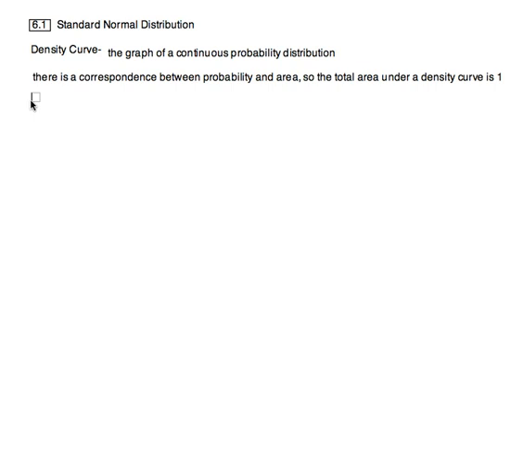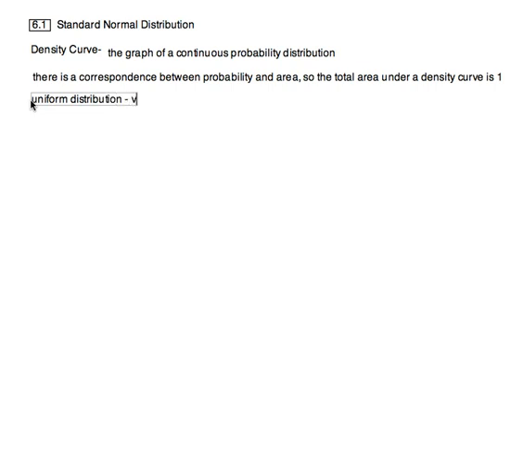We are going to look at 2 different types of distributions in lesson 6.1. We're going to look at uniform distributions and we're going to look at the standard normal. So standard normal is the more common distribution, which is why the section is titled after it. But we also have the uniform distribution as well.